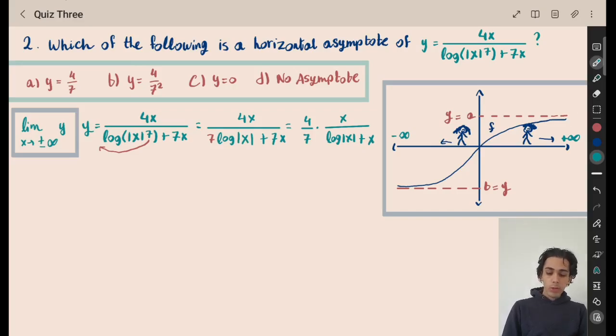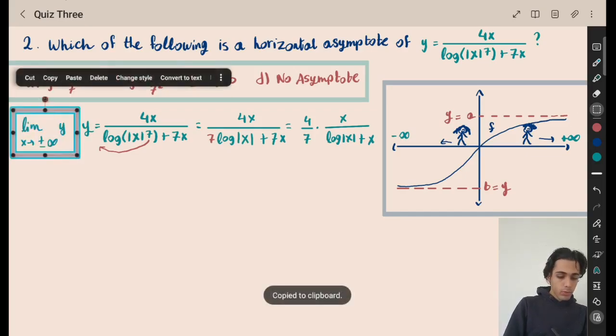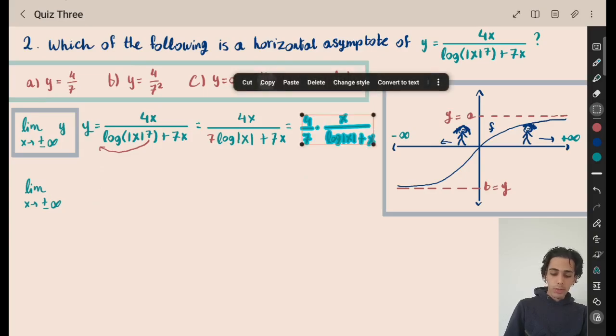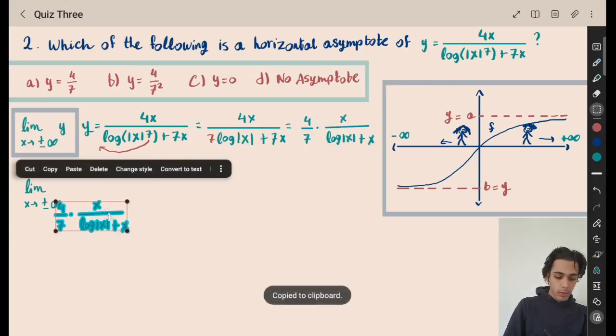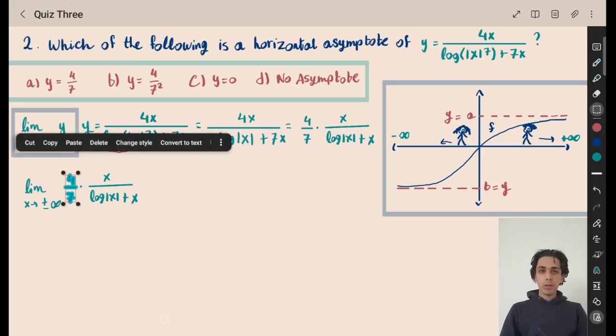And now there are multiple ways to approach this. But I think now we can take the limit. So I'm looking at the limit as x goes to plus and minus infinity of this thing, which is y. Now, 4 over 7 does not depend on x.